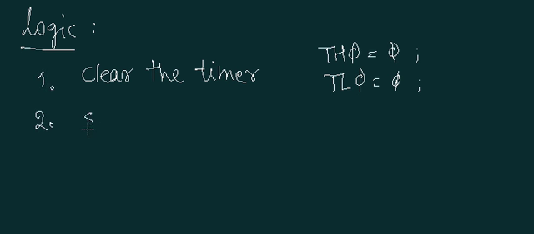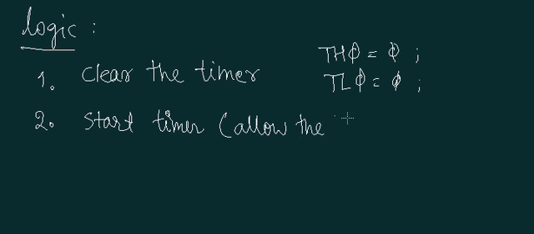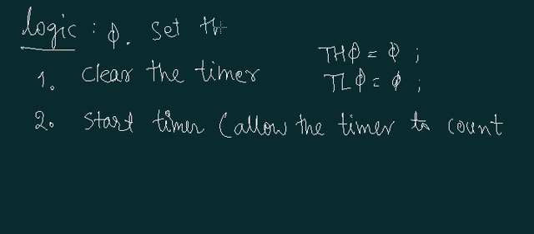Then second is start the timer. It means allow the timer to count. Right. So, before that we will set the mode. I will simply write down: set the mode of timer as counter.